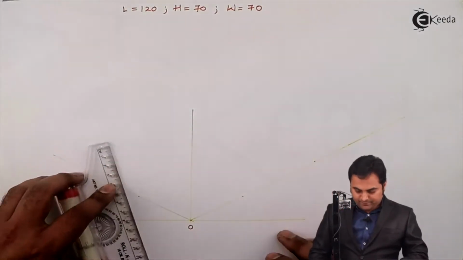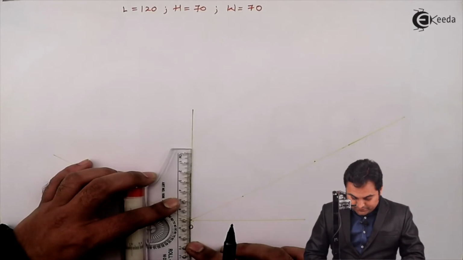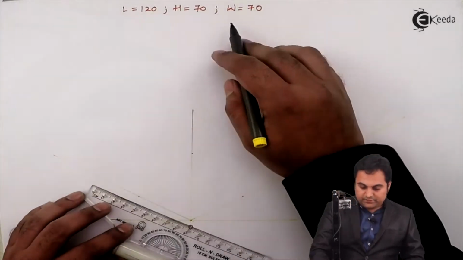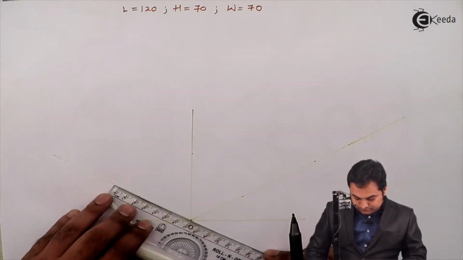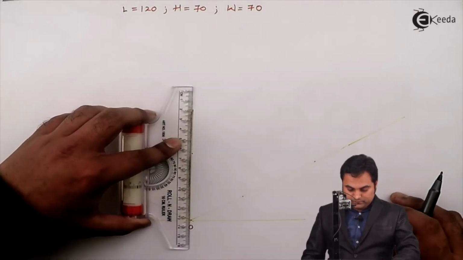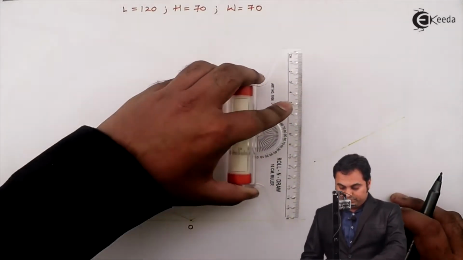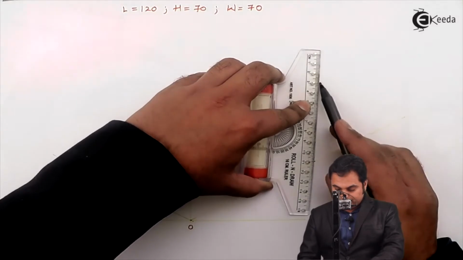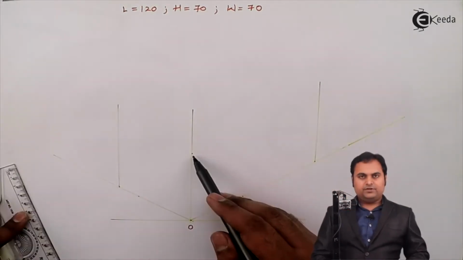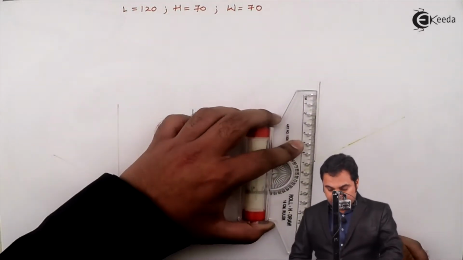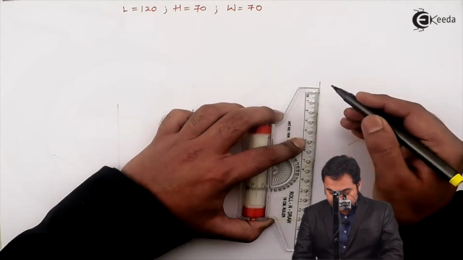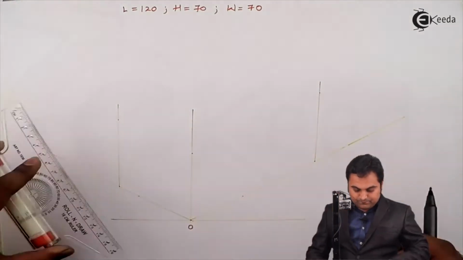Height is 70 mm. It will be marked here. Width is also 70. Then through these points, I will be drawing light vertical lines. Here I have taken the height as 70 mm. I'll mark it on this side as well. Even here, joining them.